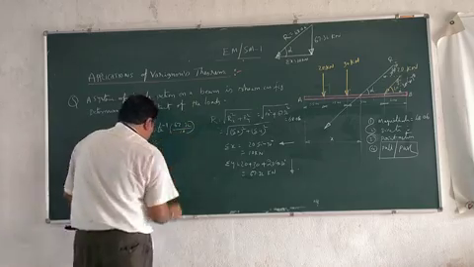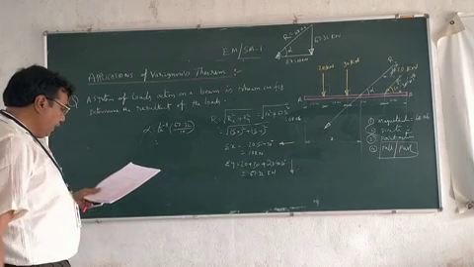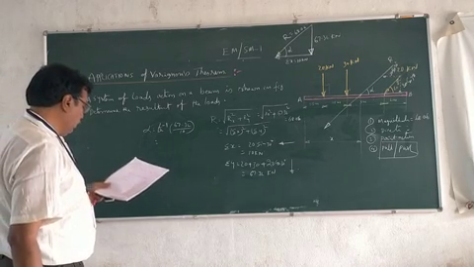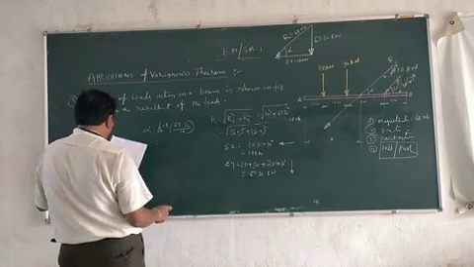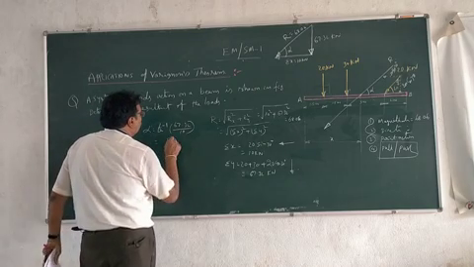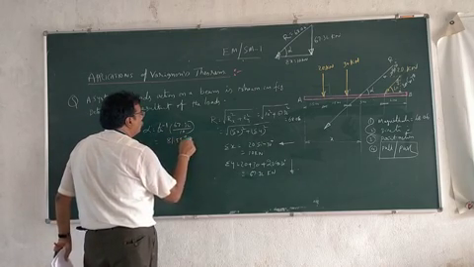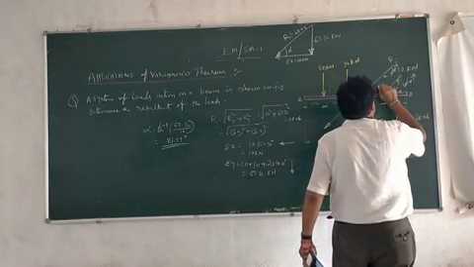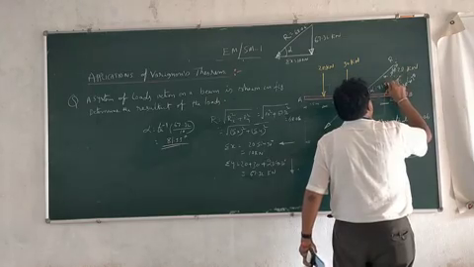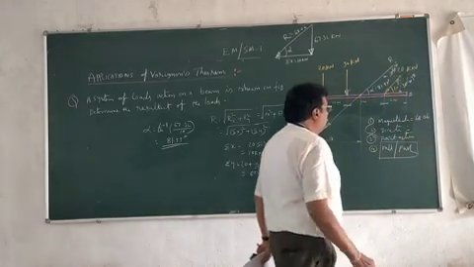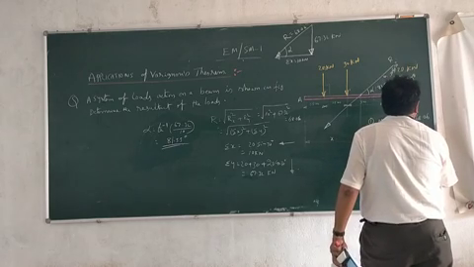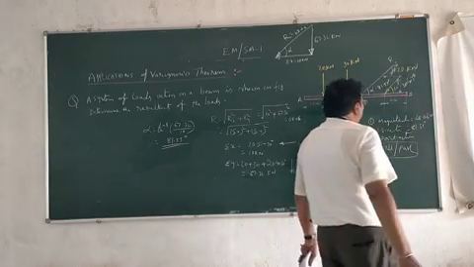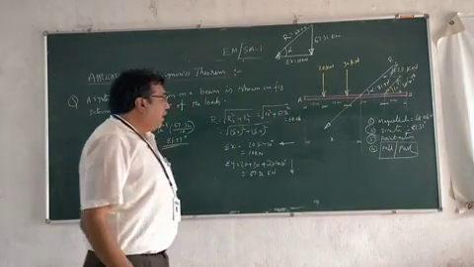That gives alpha equal to 81.55 degrees. This is alpha, 81.55 degrees.